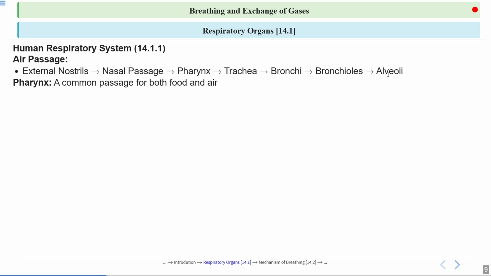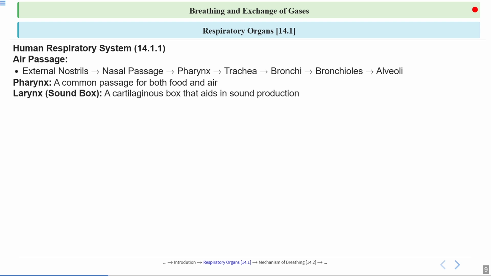In alveoli, exchange of gases occurs because alveoli are surrounded by very thin blood capillaries. So alveoli are the site where the exchange of oxygen and carbon dioxide occurs. Oxygen present in the alveoli will enter into the blood, and the carbon dioxide present in the blood, produced because of metabolic activity, enters into the alveoli.